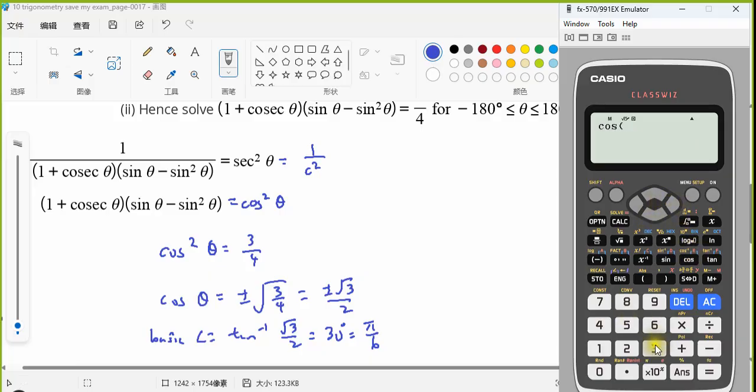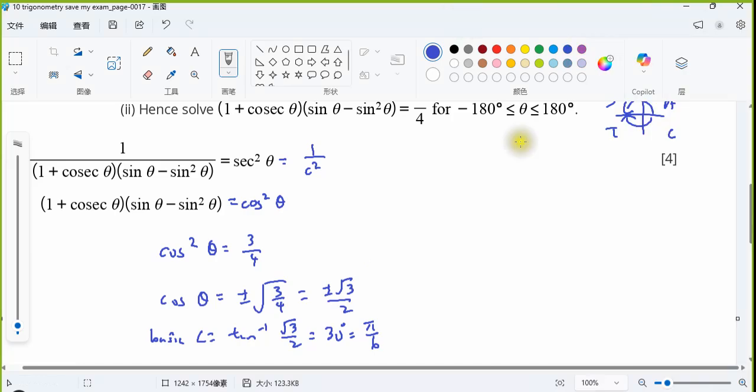Cos 30 is the square root 3 over 2. So theta will be pi over 6, then pi minus pi over 6 will be 5 pi over 6, negative pi over 6, and negative 5 pi over 6. Okay, this is the answer.